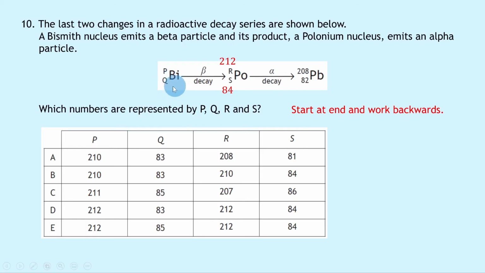So if Q is going to increase by 1 to S, then that means working backwards, it needs to decrease by 1. So we end up with 212, the unchanged mass number there, and we end up with 83 for the atomic number. So that means in order of P, Q, R and S, I'm looking for 212, 83 and 212, 84. So I'm looking down here, 212 and 83, 212 and 84, which is the answer D.